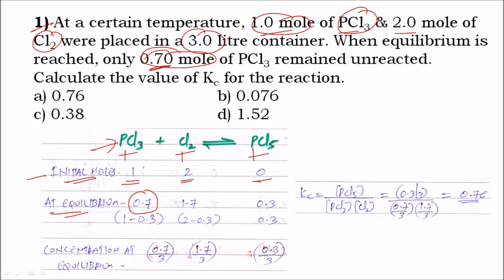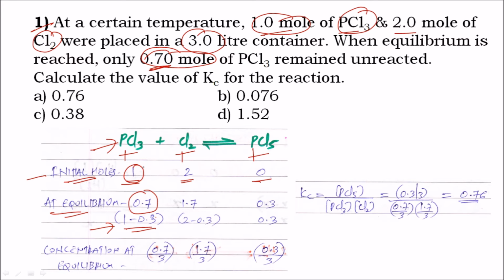Initially we had 1 and 0.7 is unreacted, so how much should be reacting? To get 0.7 we subtract 0.3 from 1, so 0.7 equals 1 minus 0.3. It means 0.3 moles of PCl3 is reacting.